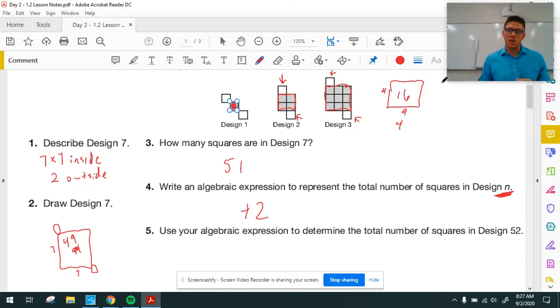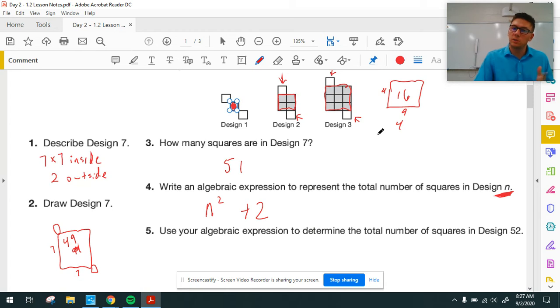So what's the relationship? Whatever the design number is, that's the dimension we have. If this is design 3, it is 3 by 3. This is design 4, it is 4 by 4. Design n would have n by n. So how could I calculate the squares in that? Multiply it by itself, n squared, right?